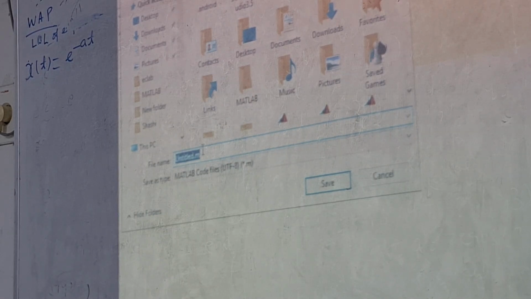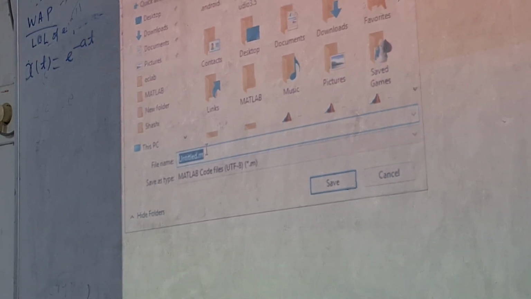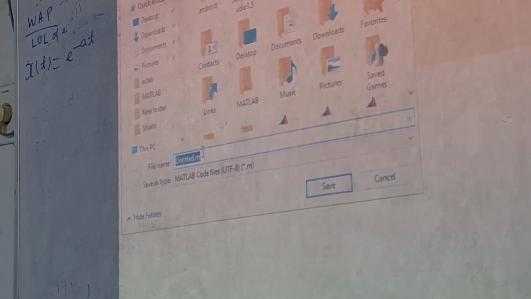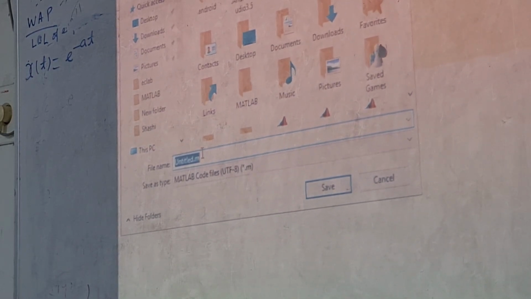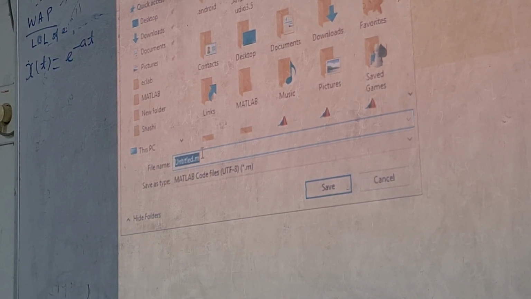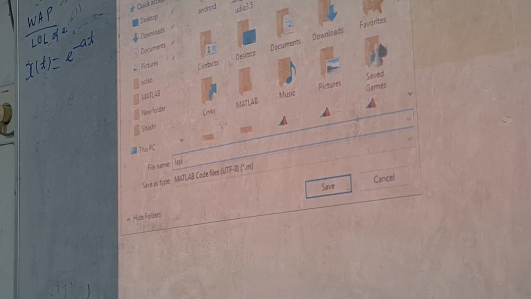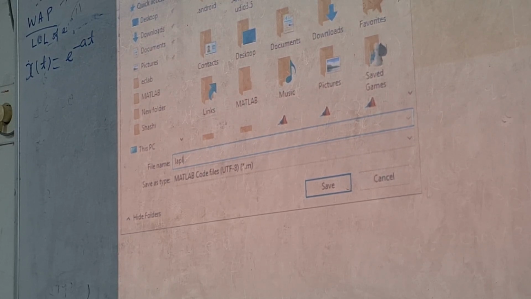Here this notation is not visible. This is the extension of the file name. You have written the file name lap.m.